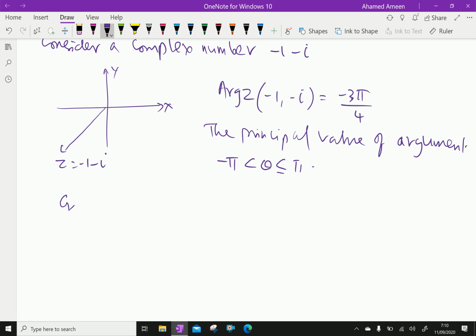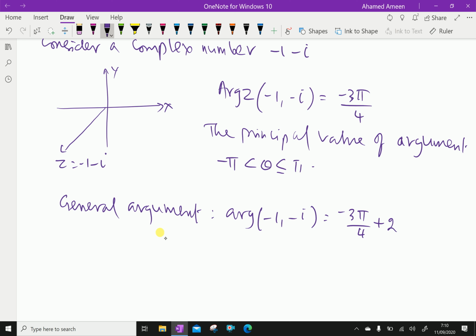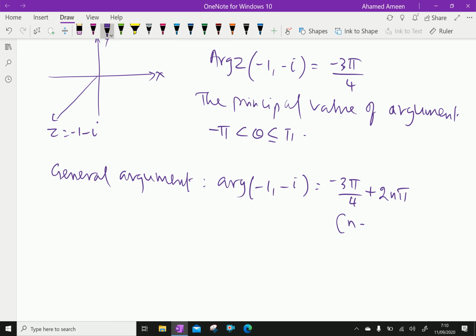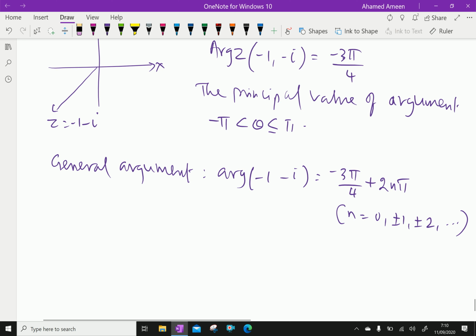Therefore, the general argument of minus 1 minus i can be written as minus 3 pi by 4 plus 2n pi, where n equals 0, plus or minus 1, plus or minus 2, and so on. It gives continuous values if you put n equal to 1, minus 1, 0, and so on.